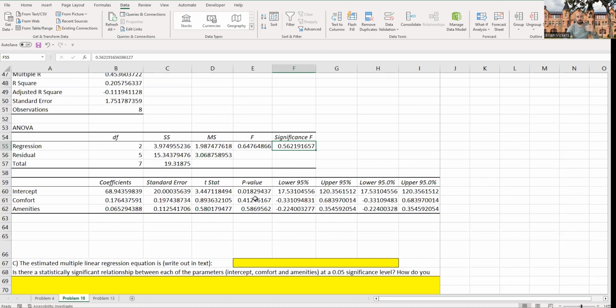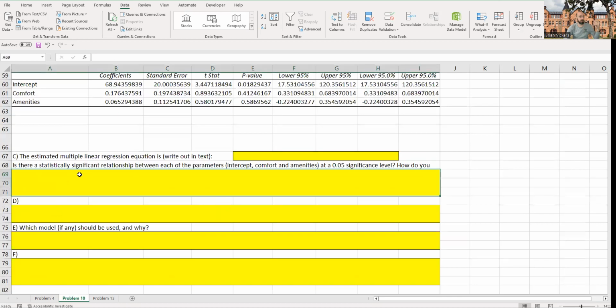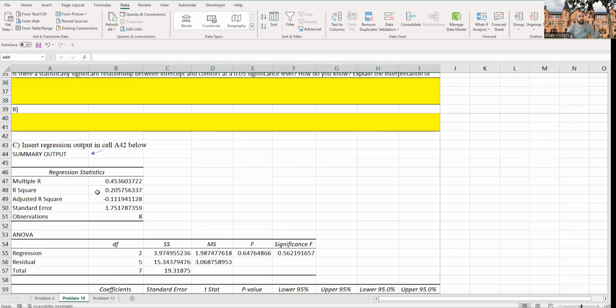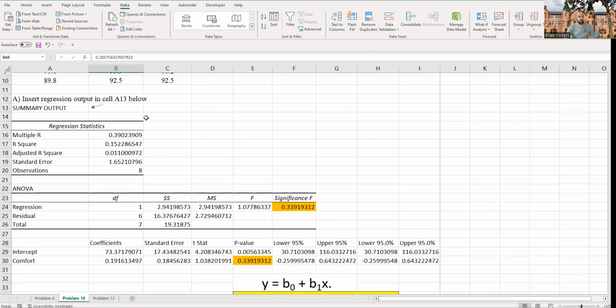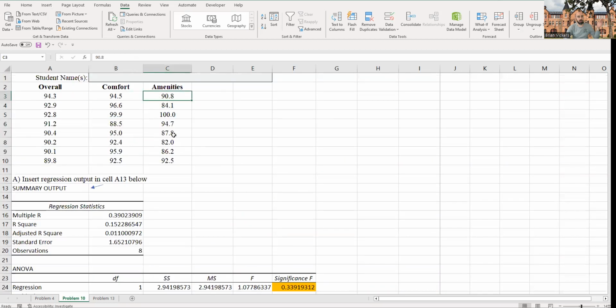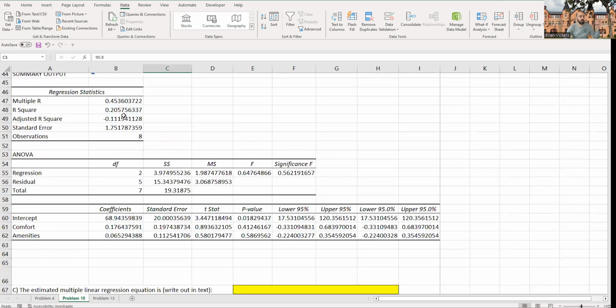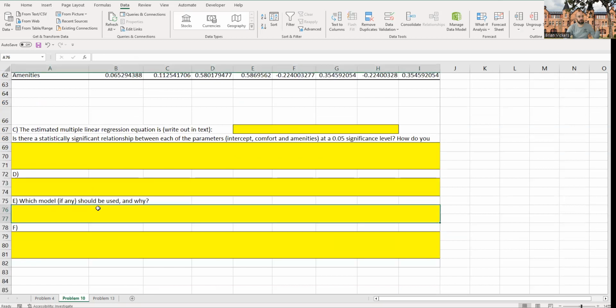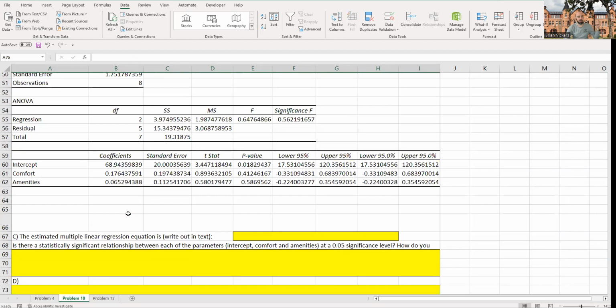So you evaluate all of those terms for the problem here. Is there a statistically significant relationship? And then R squared value: only 20.5% of the variation of the model is being explained by these two scores, comfort and amenities. So that's what we would answer here. Which model, if any, should we use?